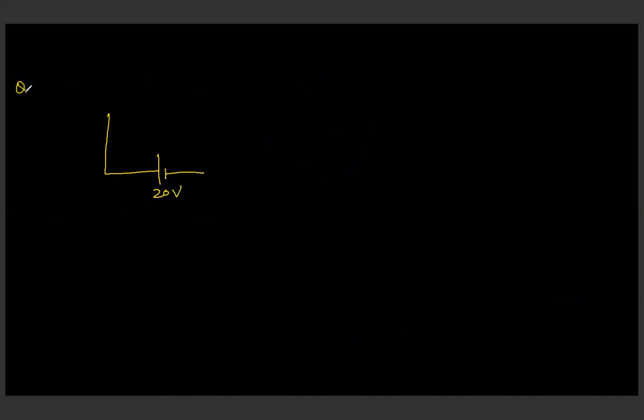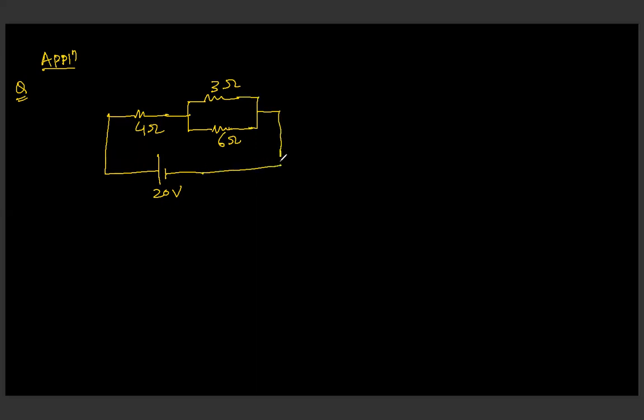This is our application. This circuit can be easily solved by finding the equivalent resistance, then the total current, then using the current divider rule. But I'm not going to do that. We will solve the circuit by using the junction rule.